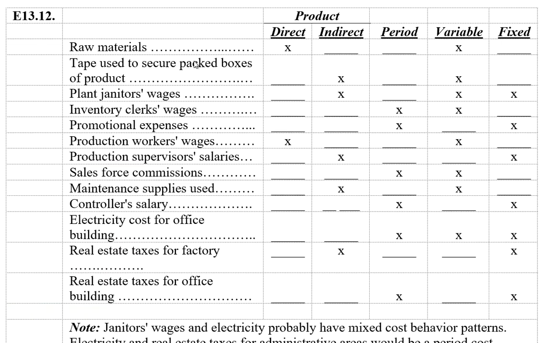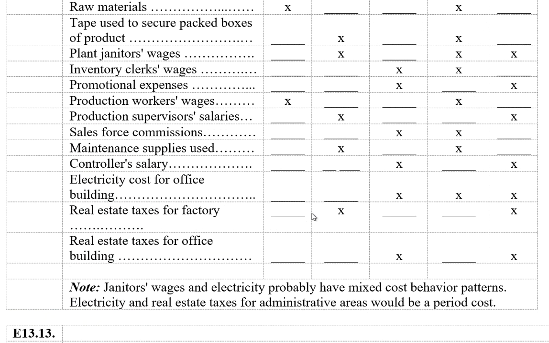And that cost has variable components to it and fixed components to it. So if you look here, real estate taxes are going to be an indirect cost because they are for the factory, and they are usually fixed. The government says you owe X amount. And then real estate taxes for the office building we're putting in the period category, because we're differentiating them from the factory and assuming that they're administrative and they are fixed.